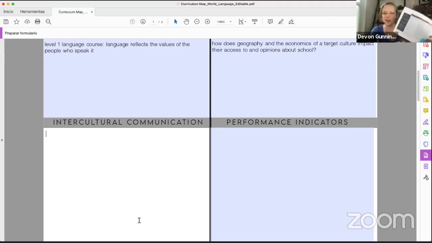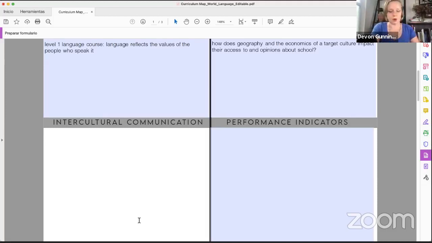So what I do, I'm not going to do it right now so we can save some time, but what you're going to do here is make sure that you look for novice, like I'm about to do here, and put in, okay, for novice, intercultural communication for investigate, I'm going to put in my own and other cultures, I can identify products and practices to help me understand perspectives.